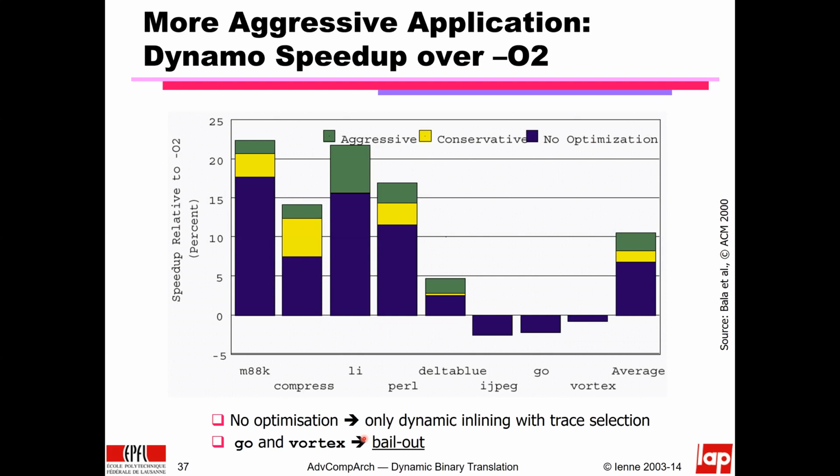There is a caveat that needs to be mentioned about this graph. This is, and it is written in a couple of places, over -O2. So it's not the most advanced optimization of the compiler, it is a medium optimization, right?